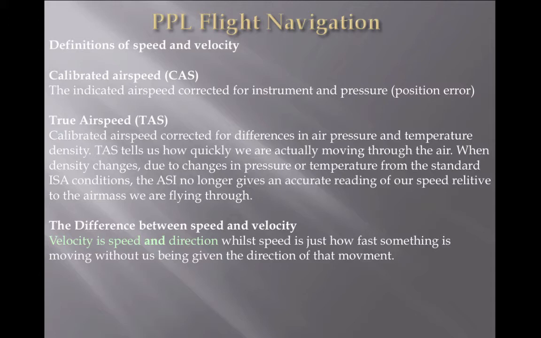The airspeed indicator no longer gives an accurate reading of our speed relative to the air mass we are flying through. The difference between speed and velocity, this came up as an exam question. Velocity is speed and direction, while speed is just how fast something is moving without us being given the direction of that movement.